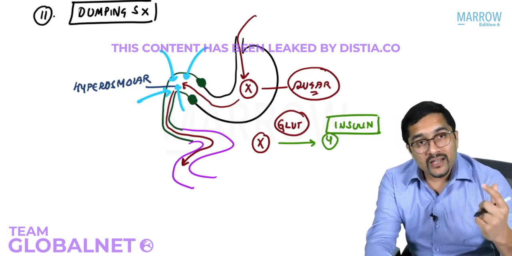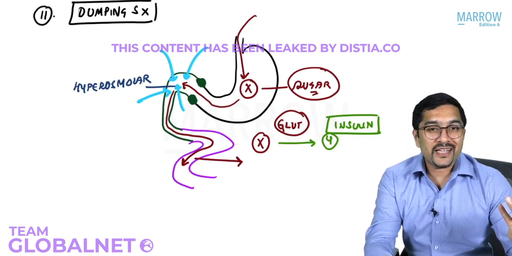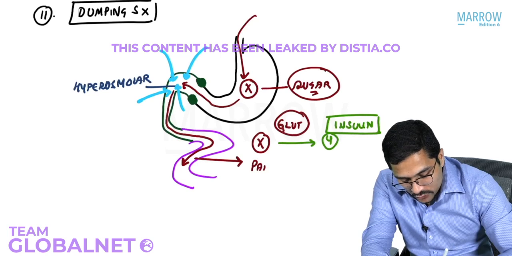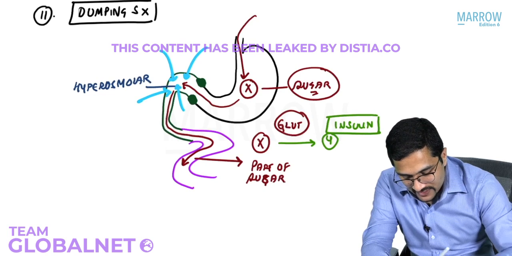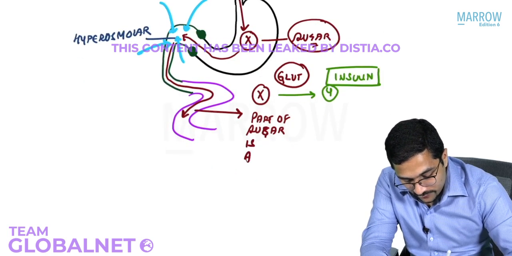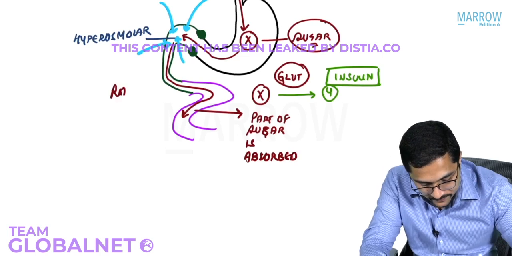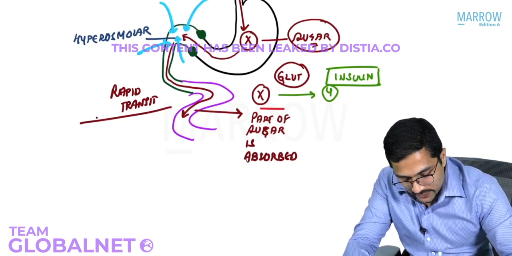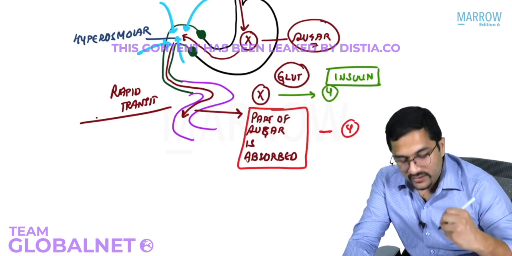And when it moves quickly through the bowel, the entire X is not absorbed. Entire sugar is not absorbed. So only part of the sugar is absorbed. Part of X is absorbed because of rapid transit. Now, only part of the sugar is absorbed, but the entire Y insulin has been released.